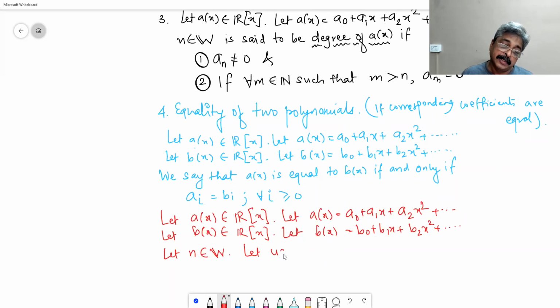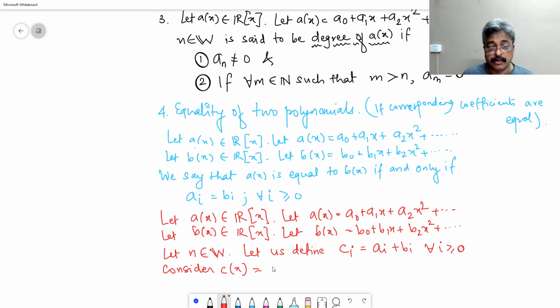Let us define ci is equal to ai plus bi for every i greater than or equal to 0. Consider c of x, which is equal to c0 plus c1x plus c2x square plus dot dot dot.